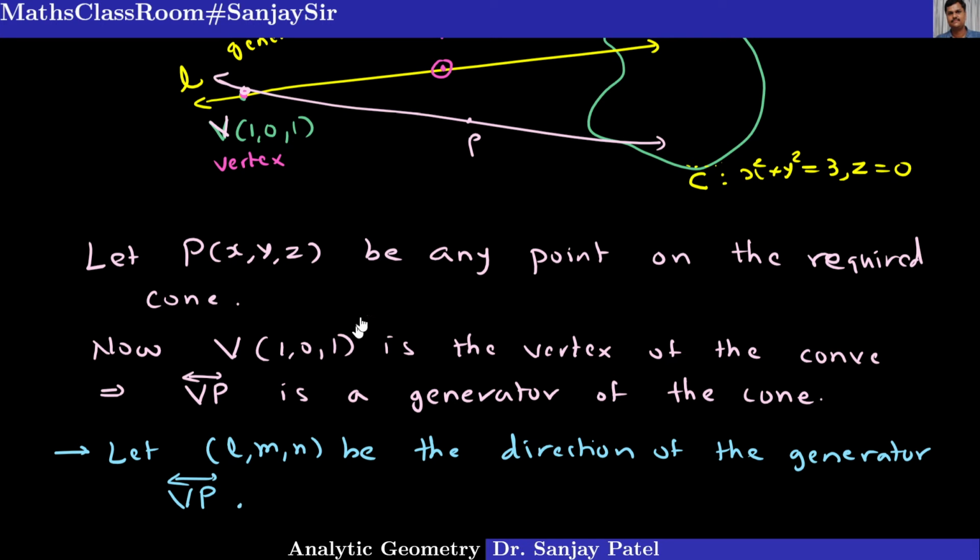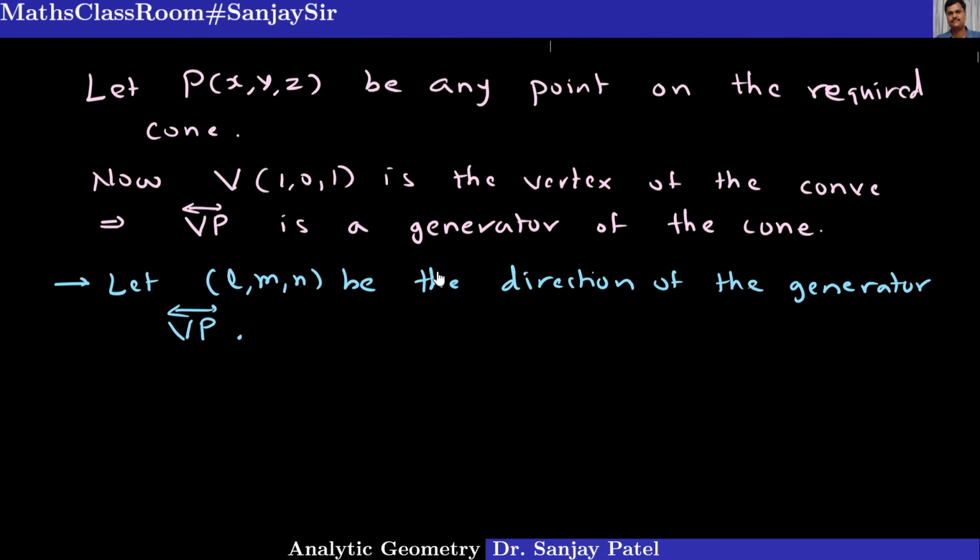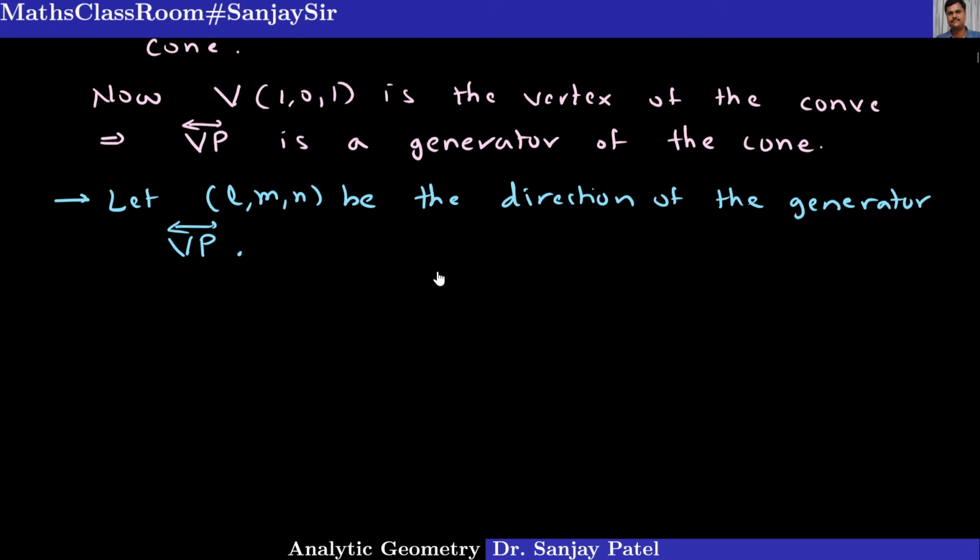So whether this generator or you can take this generator, the direction is given by L comma M comma N, and the values of L, M, N keep on changing. Okay. Now we know the direction of generator Vp, and also we know it is passing through the vertex V.